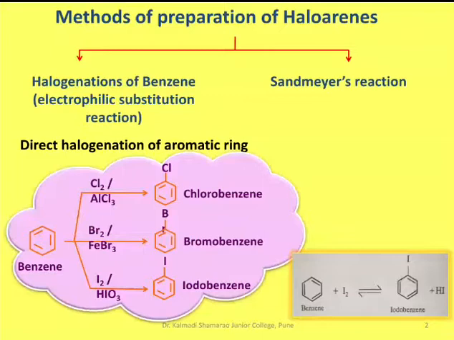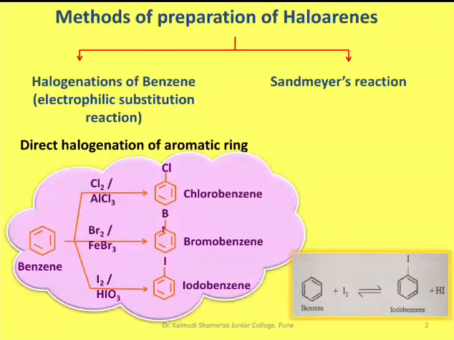Now coming to the preparation of iodobenzene, the direct iodination of benzene is not useful since HI produced in the reaction acts as a good reducing agent, which reduces the iodobenzene back to benzene and iodine. That is, the reaction is reversible in nature.